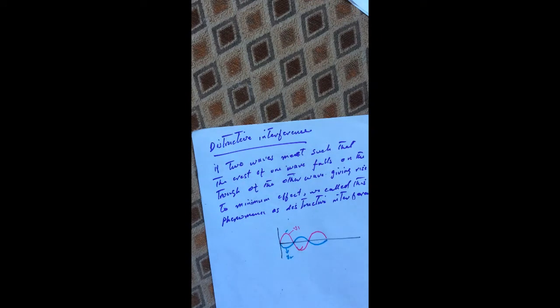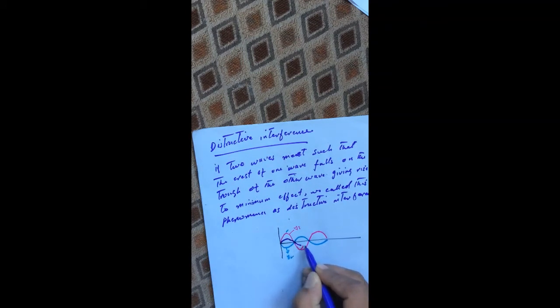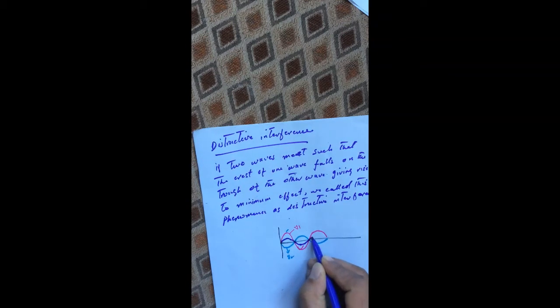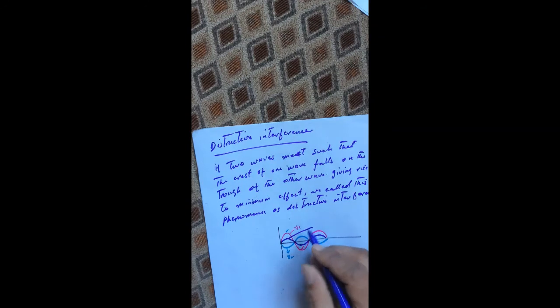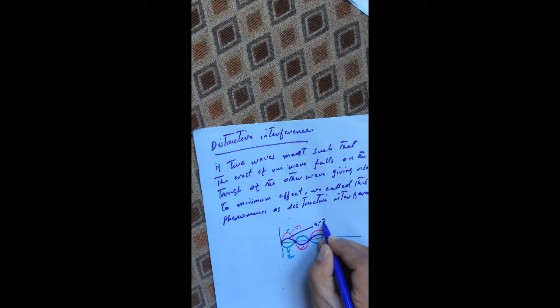Now the crest of one wave falls on the trough of the other wave, and the resultant effect is such that they minimize each other. So the resultant wave will be like this. This is the resultant wave, and it has an amplitude equal to y1 minus y2.